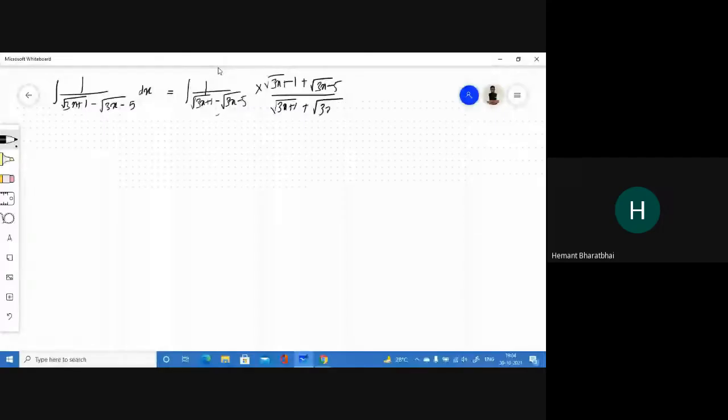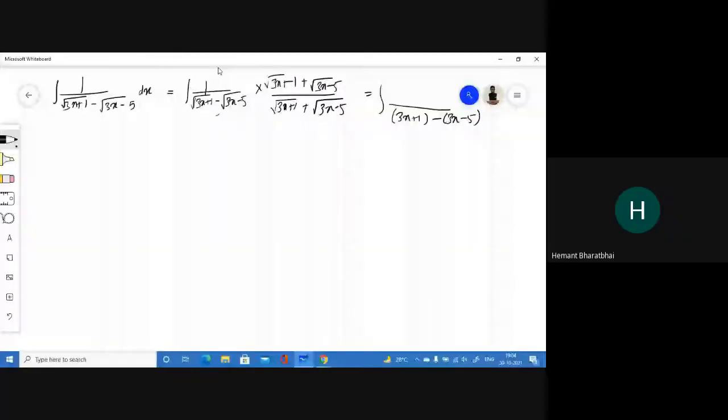So this will become a minus b into a plus b, which is a square minus b square. When I do that, the square and square root get cancelled. So I get 3x plus 1 minus, this is a square minus b square, 3x minus 5. And here I'll get square root of 3x plus 1 plus square root of 3x minus 5.